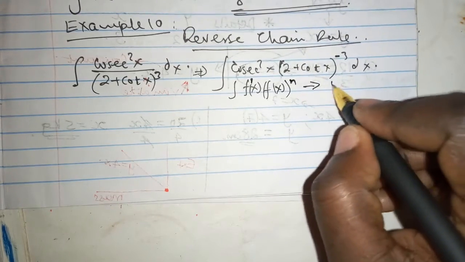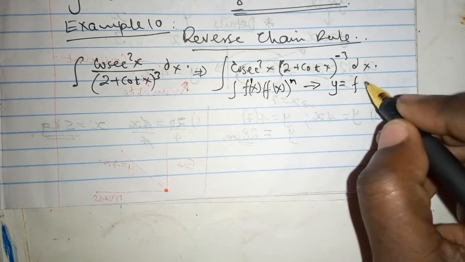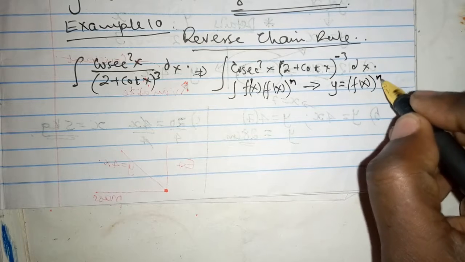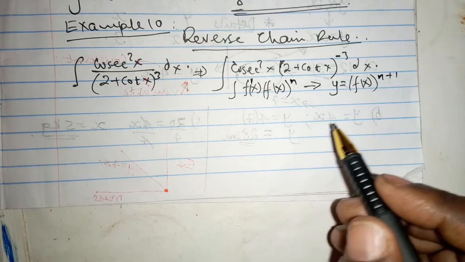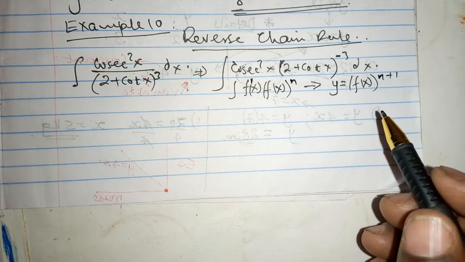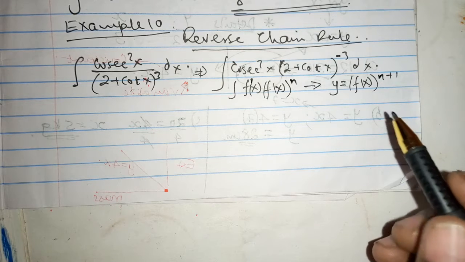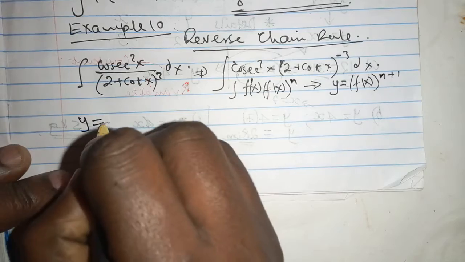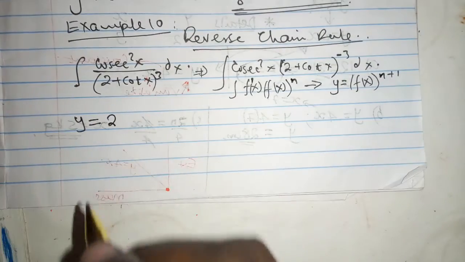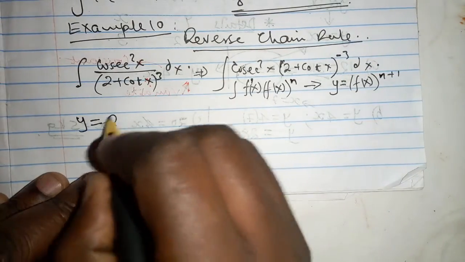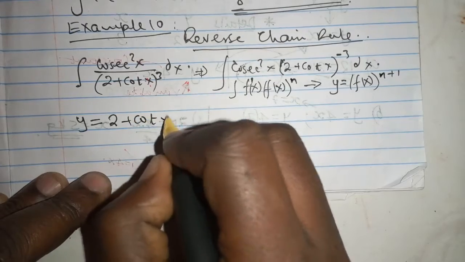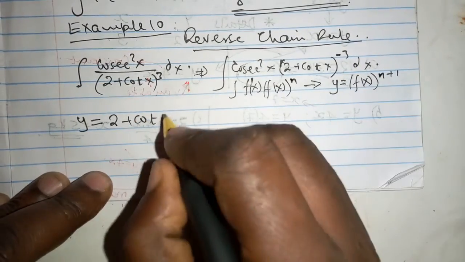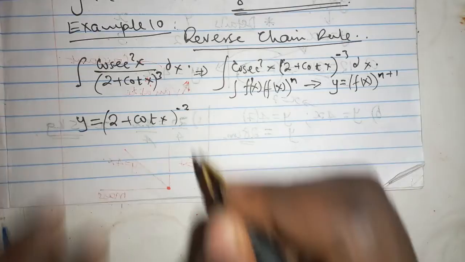In this case you take y to be f(x) to the power n plus 1, then differentiate and adjust the constants. So we assume y is equal to (2 plus cot x) to the power of minus 3 plus 1, which is minus 2.